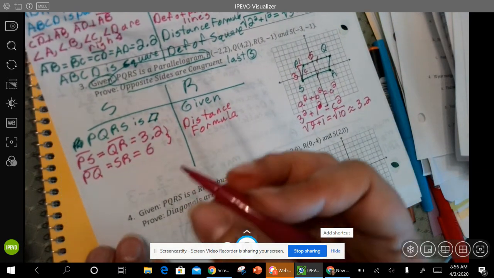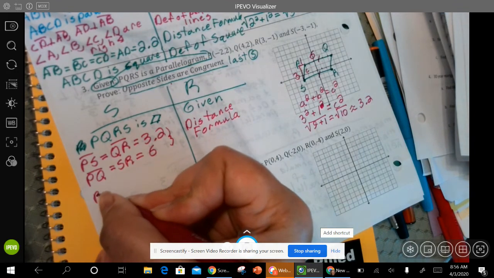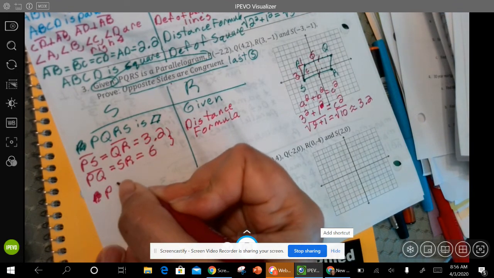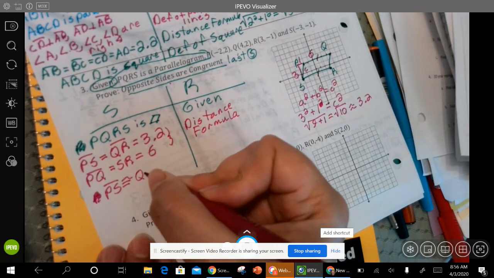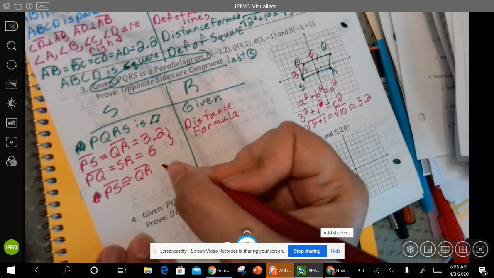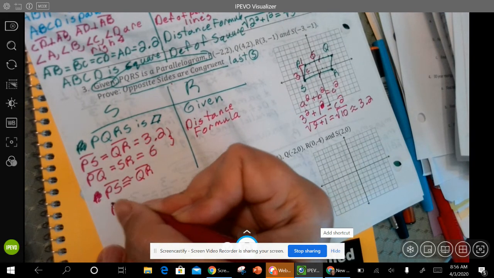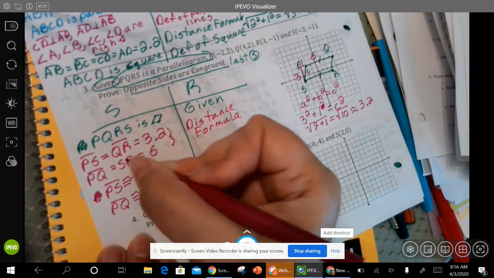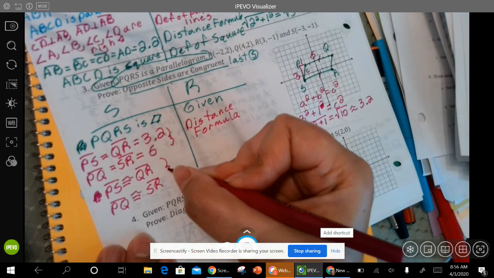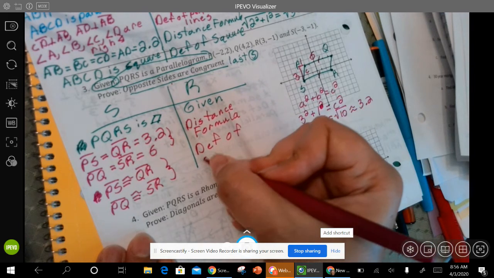And so it says opposite sides are congruent, so now we can prove it. Since PS and QR have the same measure, the same length, PS is congruent to QR, and PQ is congruent to SR. And that's by our definition of congruent.